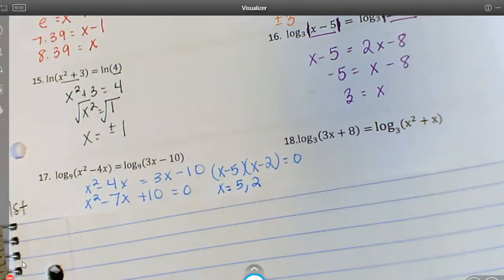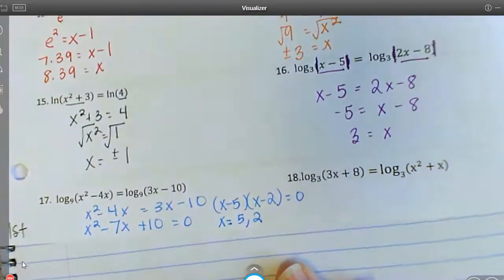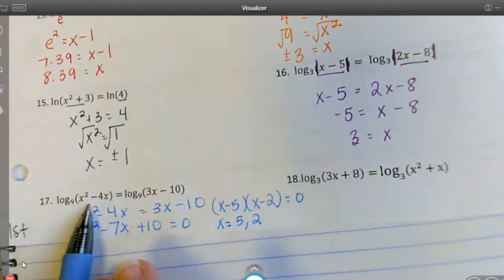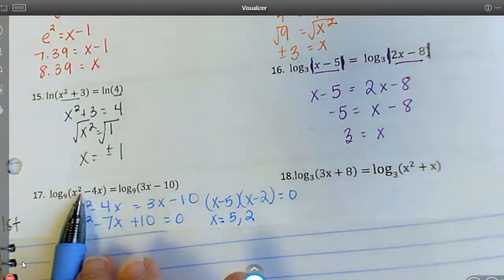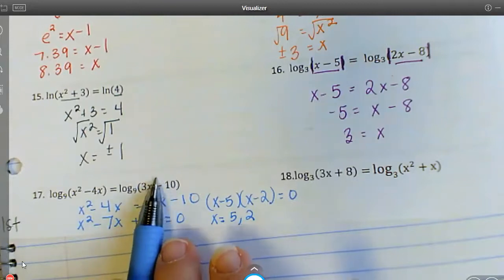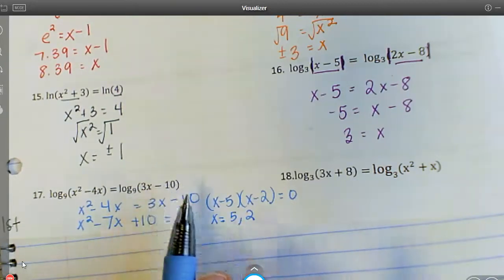Now, when you start with a log, especially when you have log on both sides, you really should check your answers because they may or may not work. Here's what you do. You take one of the numbers, like 5, and you plug it in right here. Make sure you get a positive number. You take the 5 here, make sure you get the same positive number. We do.